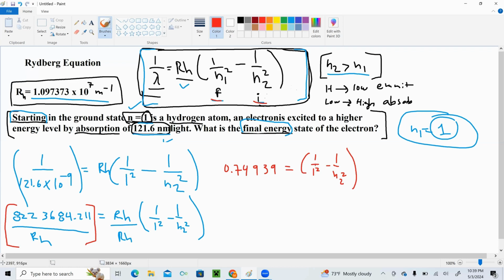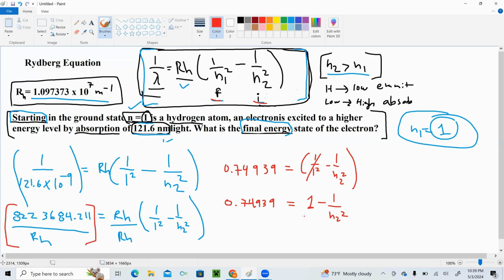So we know right off the bat this is just 1, because 1 squared is 1, 1 over 1 is 1. So 1 over n squared is equal to 0.74939.